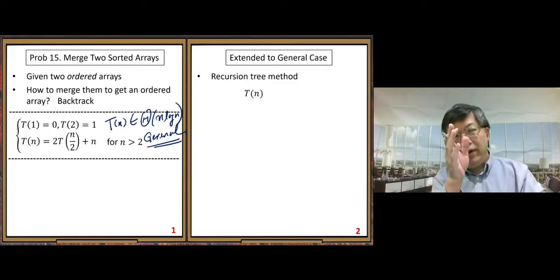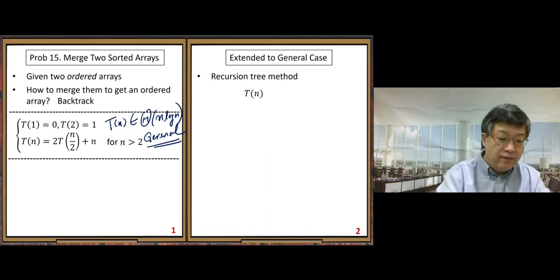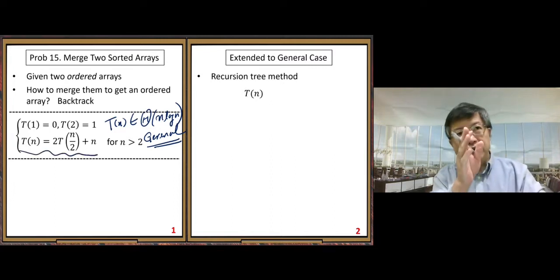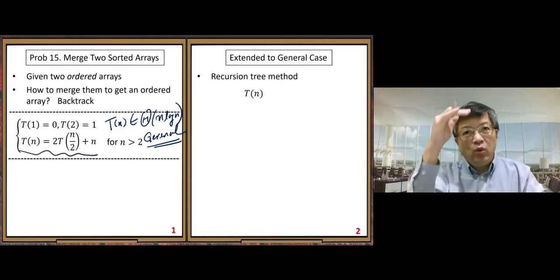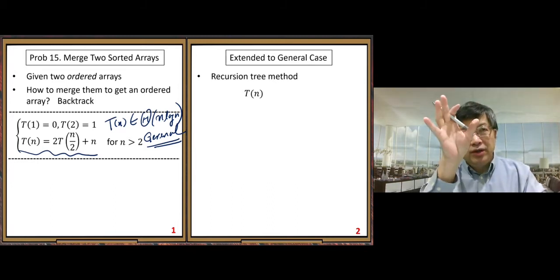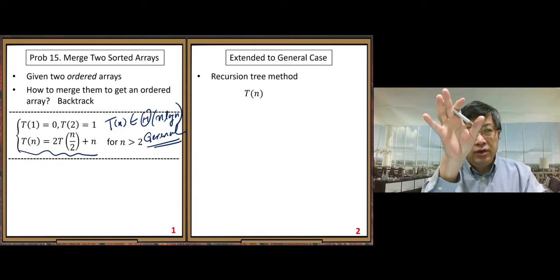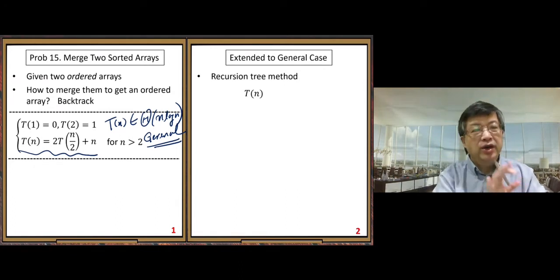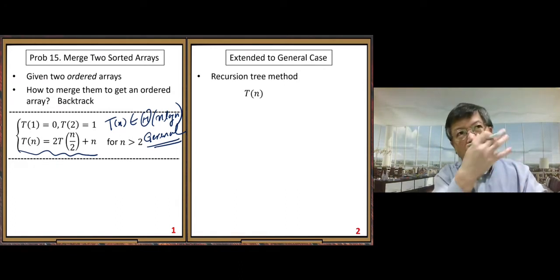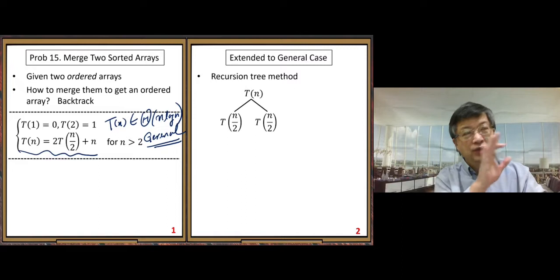We did that before, right? From the recurrence equation, we use two parts: the recursion terms, where we draw a tree, and the non-recursion term, where we also calculate the total cost. Here, I split into two trees.